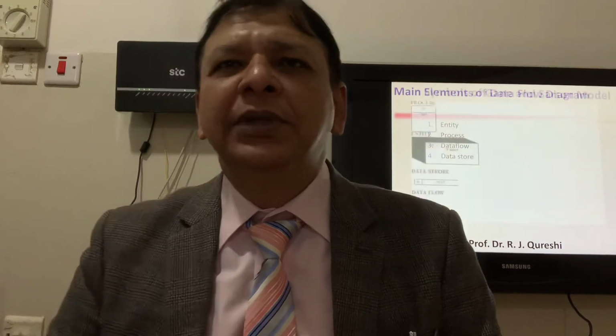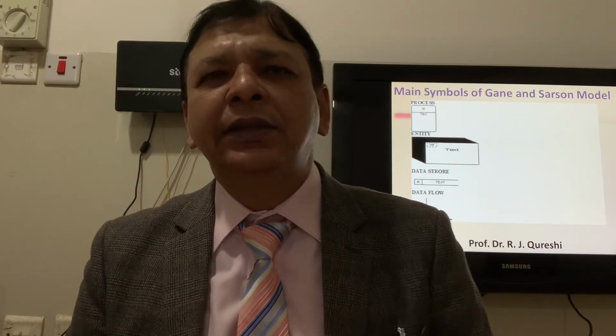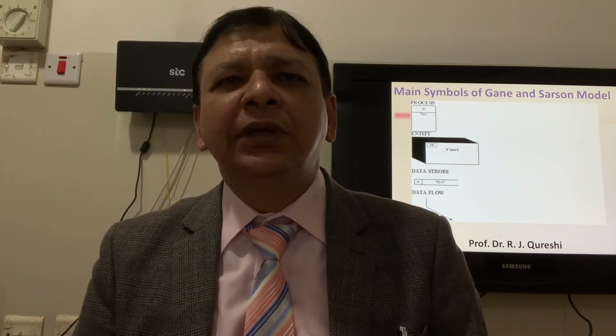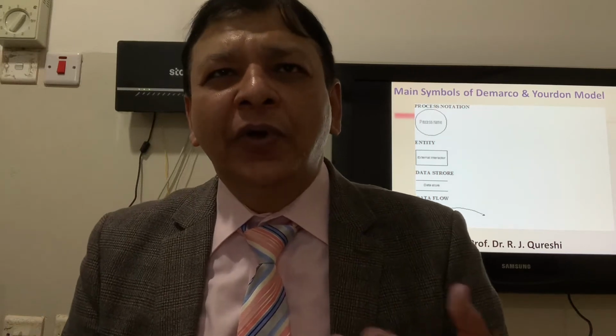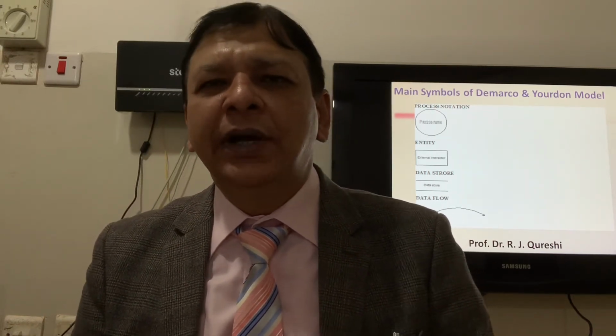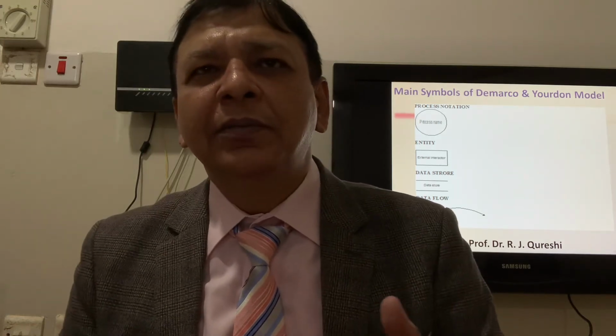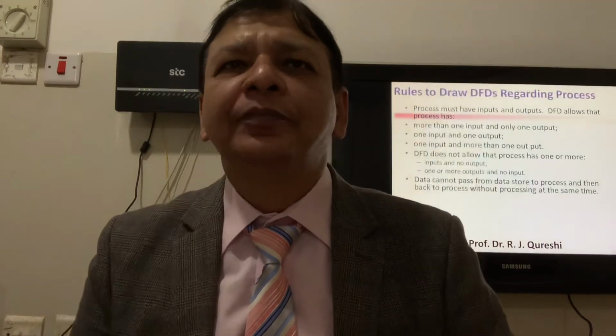Let's see the symbols. In the Sasson style, the process symbol is like this. Then we have the entity symbol, the data store symbol, and the data flow symbol. In case of Jordan, the process symbol is like a circle, then entity, data store, data flow. So these are the main symbols of the Sasson and Jordan styles.